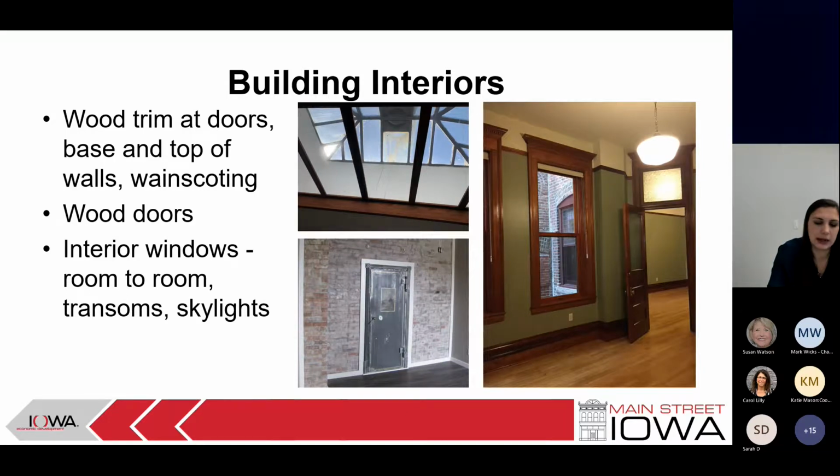And lastly, skylights are a very important feature, not just for the aesthetics of the element itself, but also because of the light that they bring into the center of spaces. Mid-block buildings are often really limited in the amount of windows that they have on the side walls, and so, especially in those narrow and deep buildings, they rely heavily on the light from the skylights.